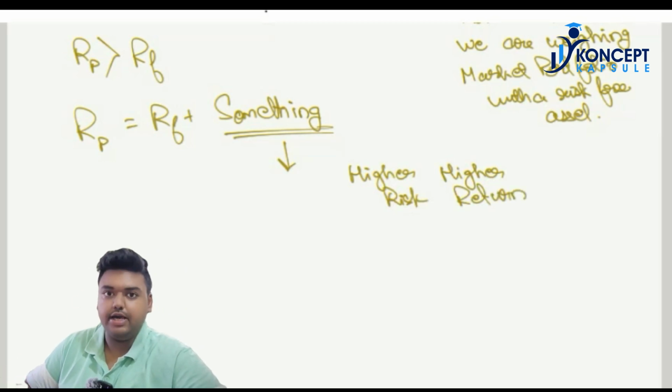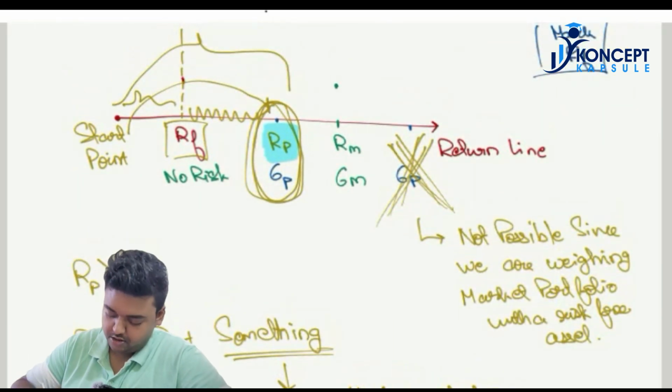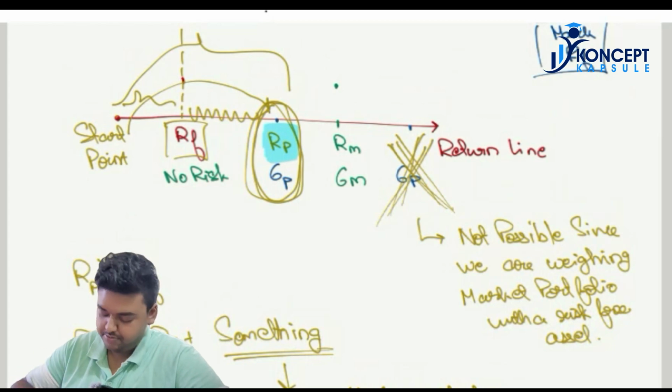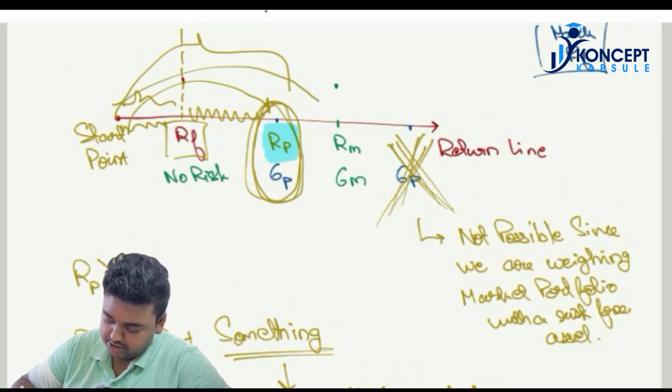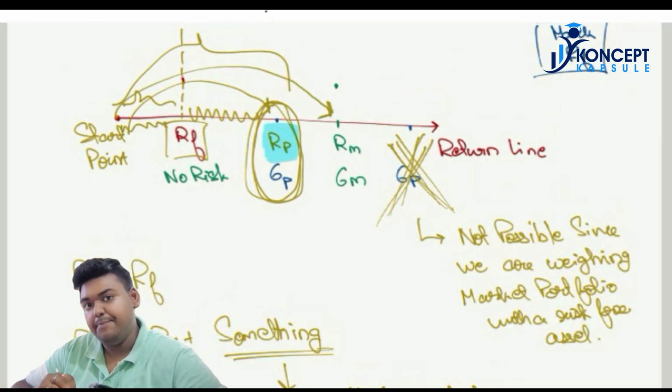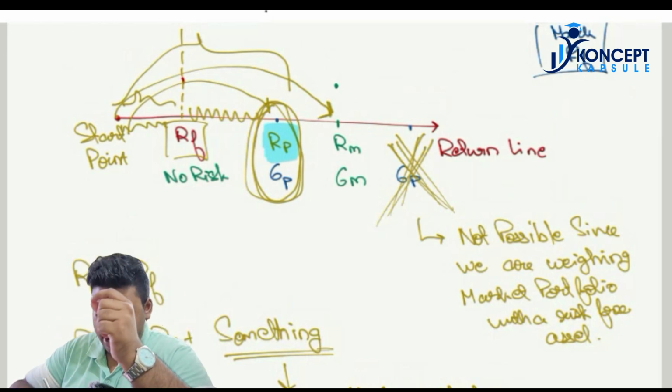Now, when we are talking about something, we don't know the journey from the starting point to RP, correct? But we know the journey from starting point to RF, as well as we are aware about the journey of starting point to RM. We are aware about the journey from starting point to RF.